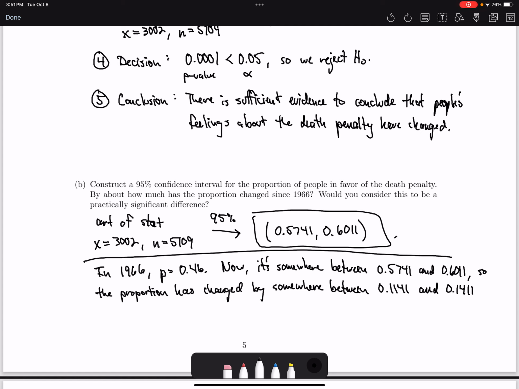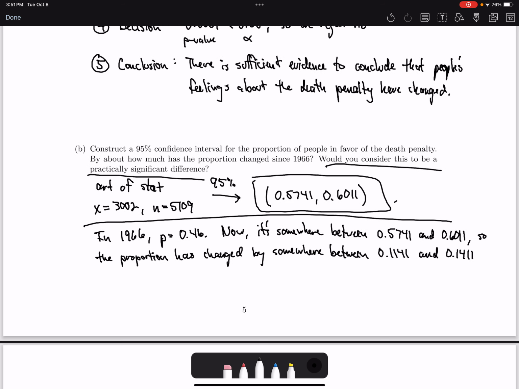Now the next question is, would you consider this to be a practically significant difference? The answer is yes, absolutely. So yes, this is a practically significant result. Okay, an 11% difference at minimum is very significant.